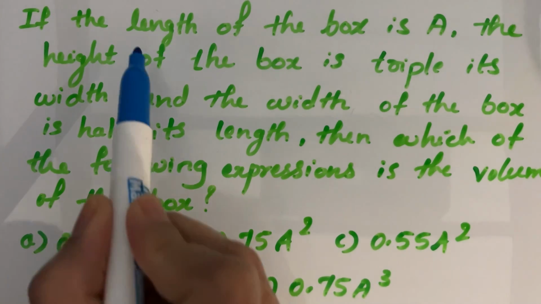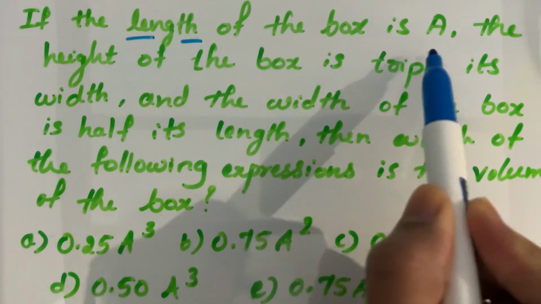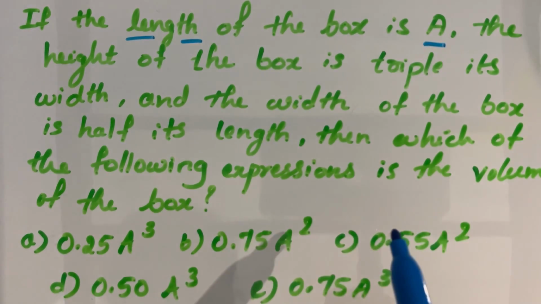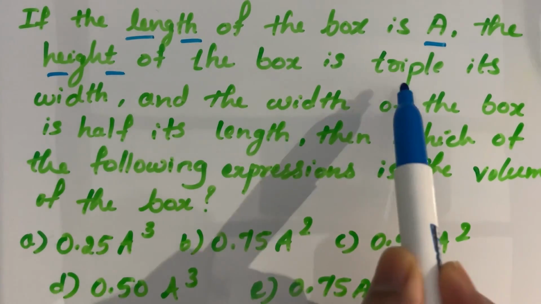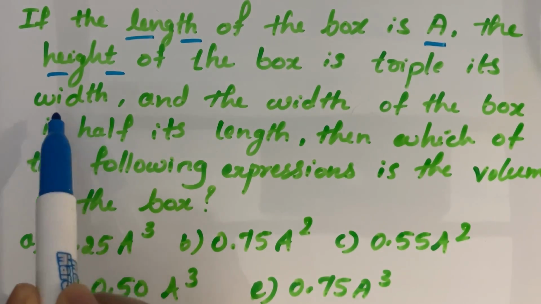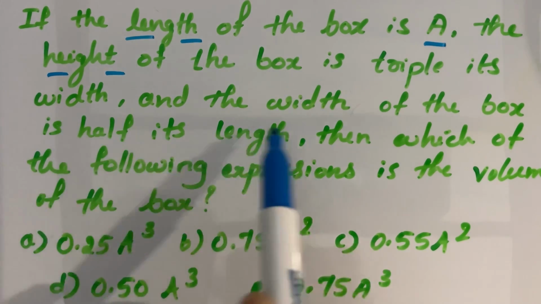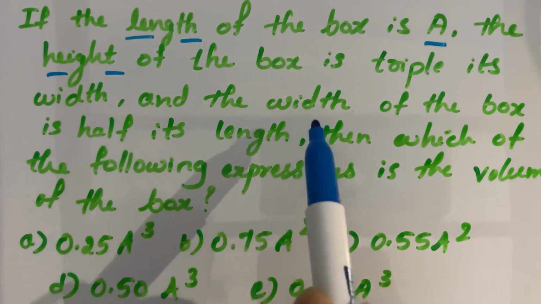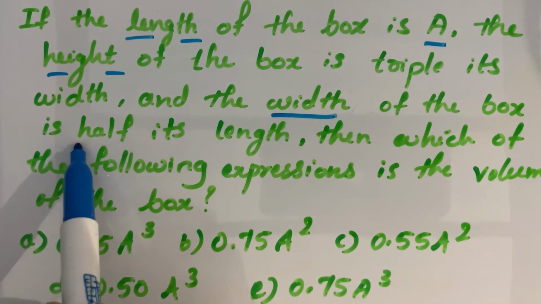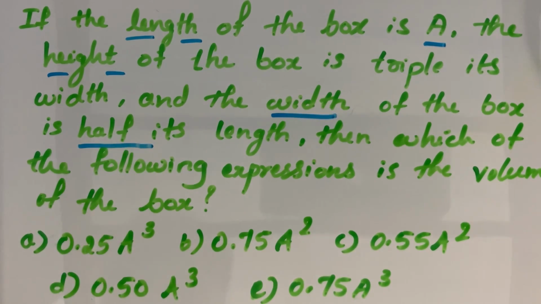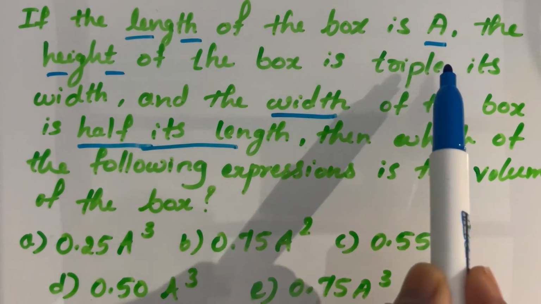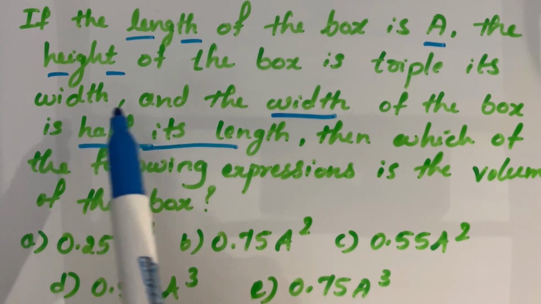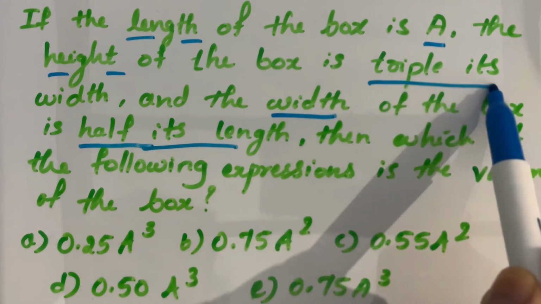Here in this question, length is given as A. Height of the box is triple its width, and width of the box is half its length. Length is A, width is half its length, and height is triple its width.